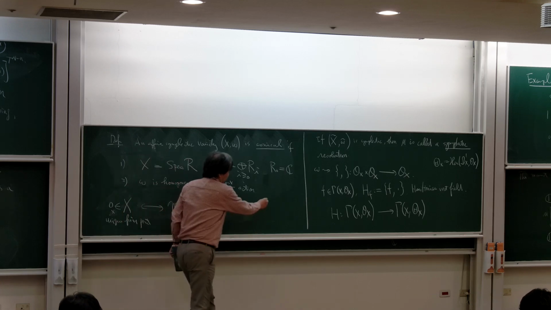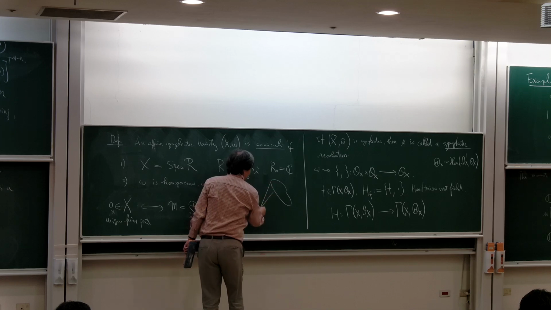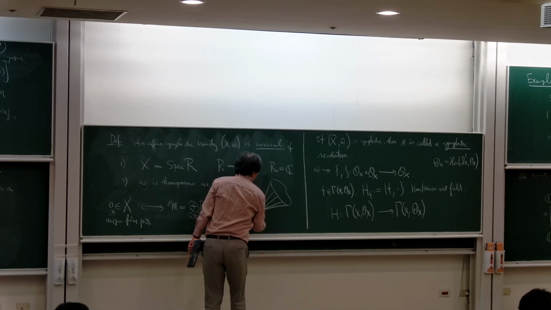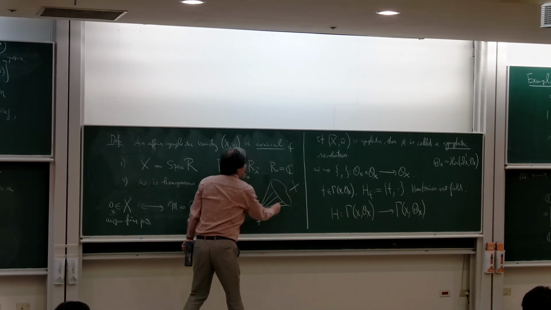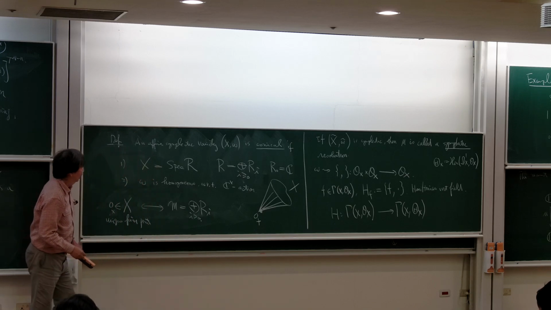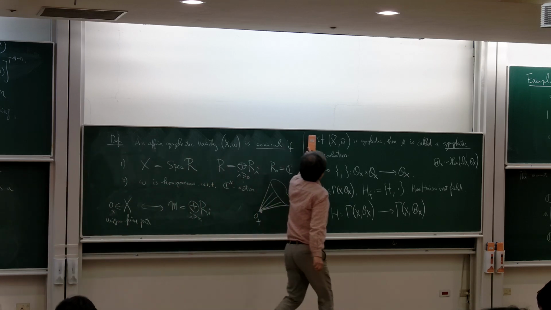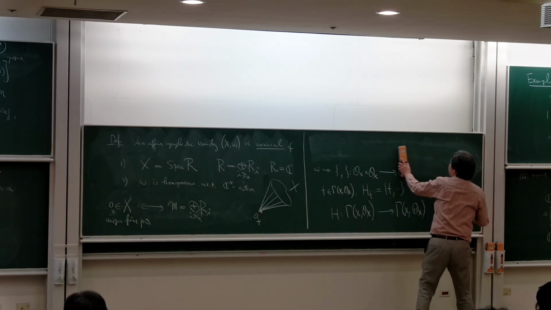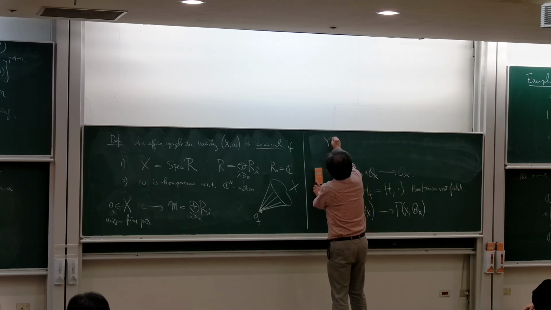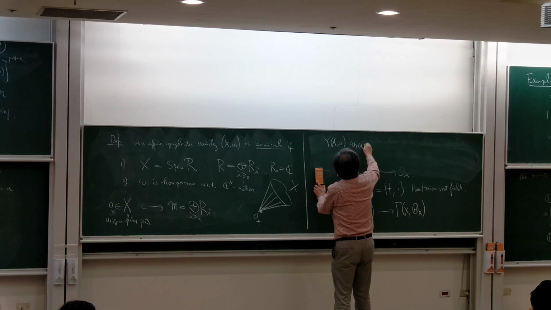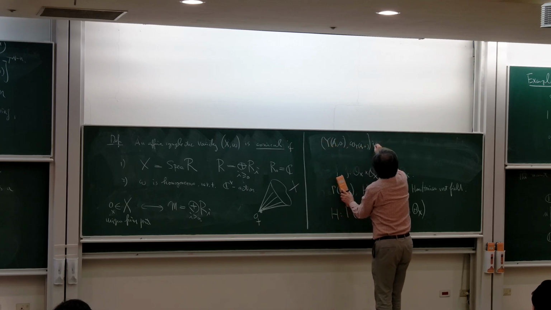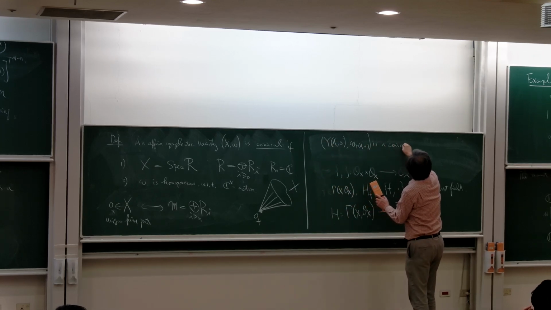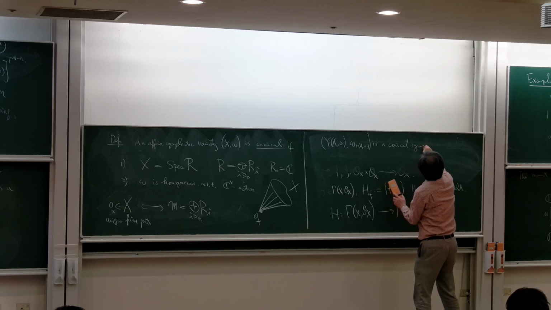So you have some conical structure. Then our Y_A0, with omega, is a conical symplectic variety.